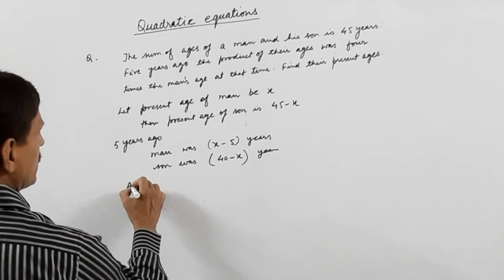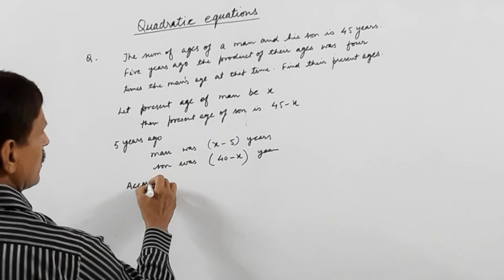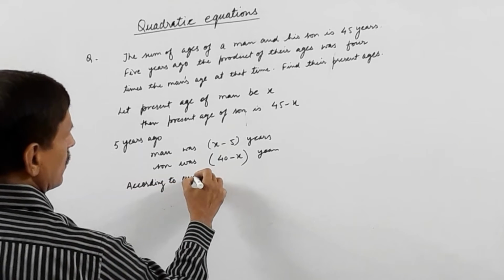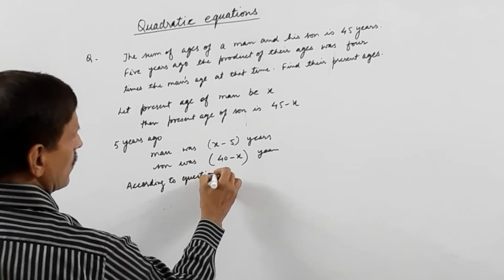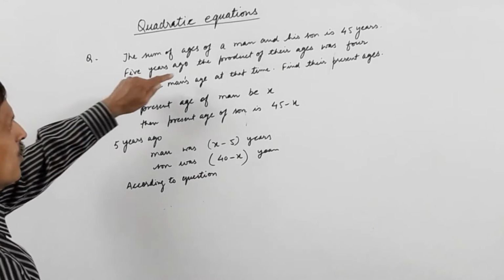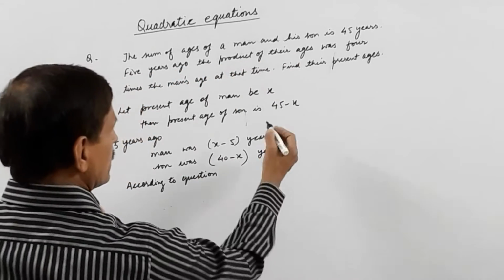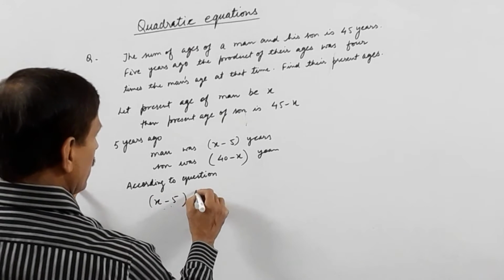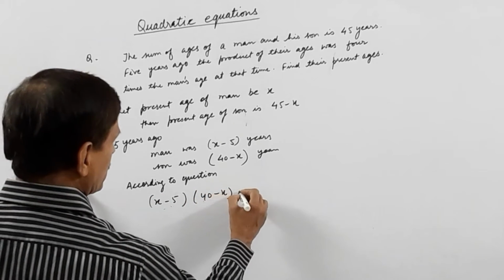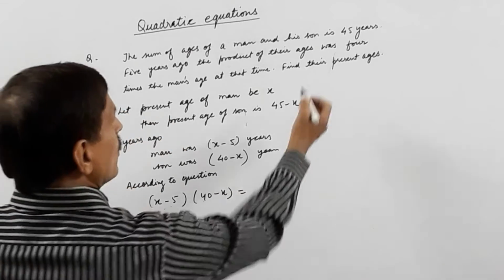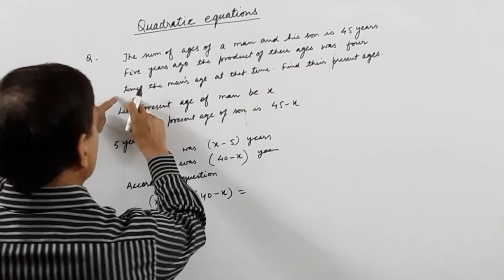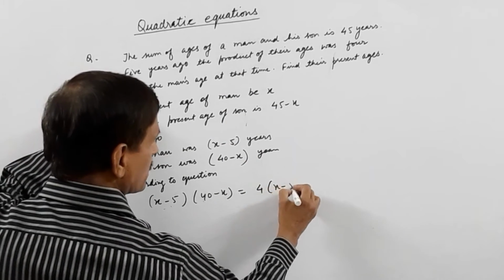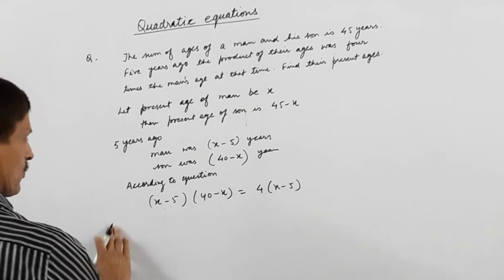According to the question, 5 years ago, the product of their ages, that is x minus 5 into 40 minus x, is equal to 4 times the man's age at that time, 4 times x minus 5.